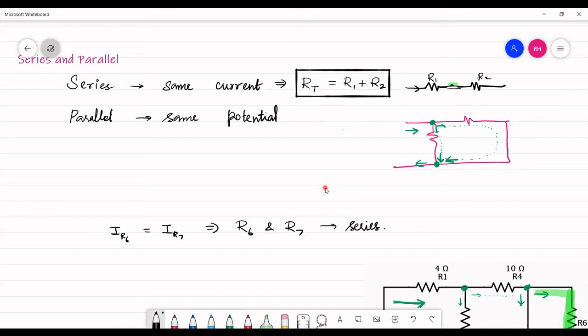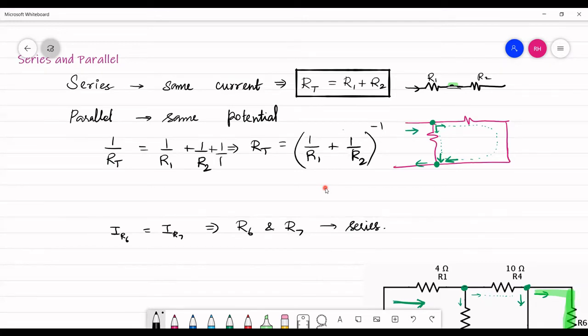And for parallel, 1 by RT is equal to 1 by R1 plus 1 by R2, or you could write RT is equal to (1 by R1 plus 1 by R2) the whole inverse. If there are 3 resistances, it is going to be plus 1 by R3. So that's going to be the case.